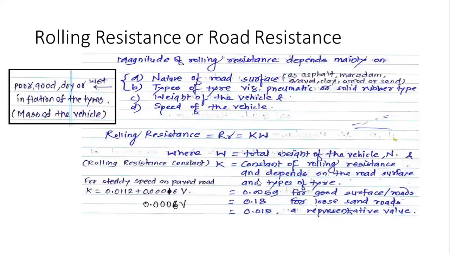In this slide we are observing here, this one is the A and this is nothing but the B. So based on which type of road, whether it is a paved road, and also on the speed, the vehicle is moving with constant or steady speed, or we can consider the vehicle is moving on a plain or paved road or good road. In that case, K is equal to A plus BV.